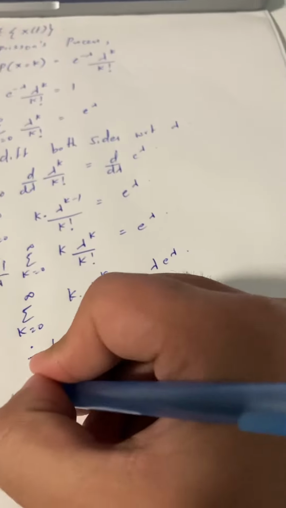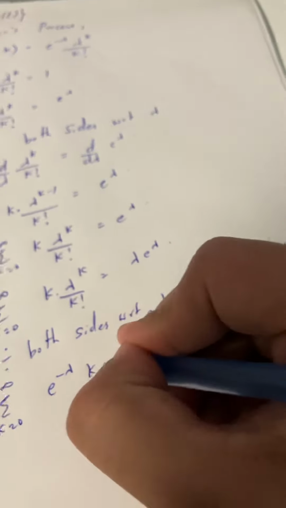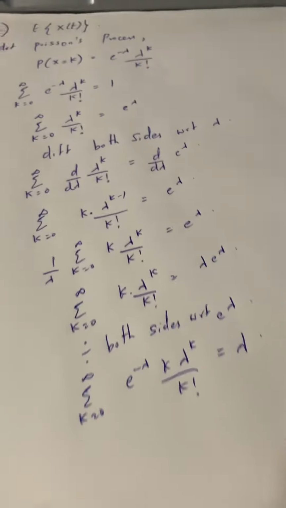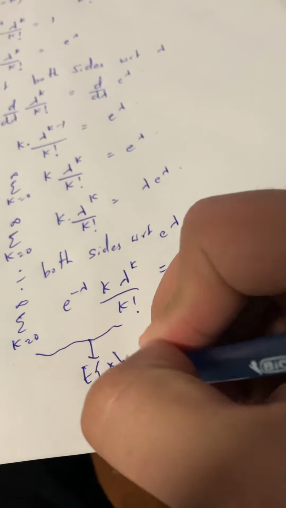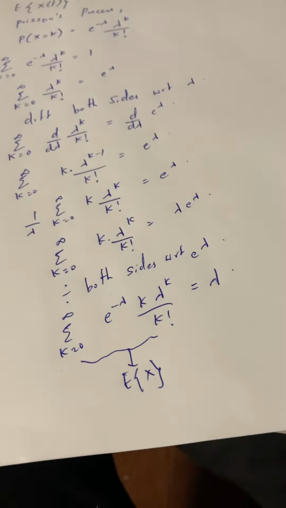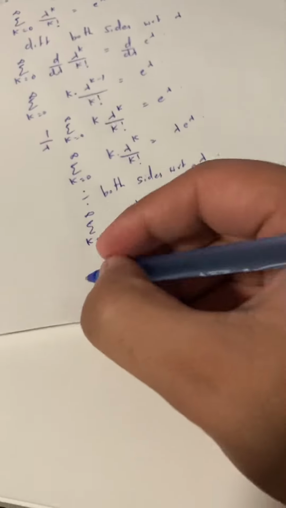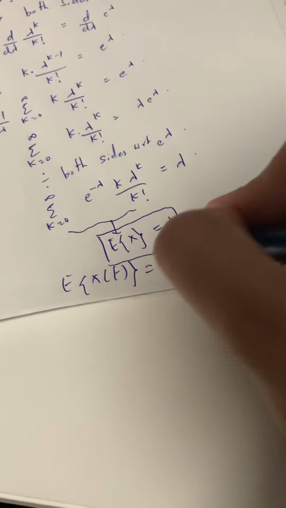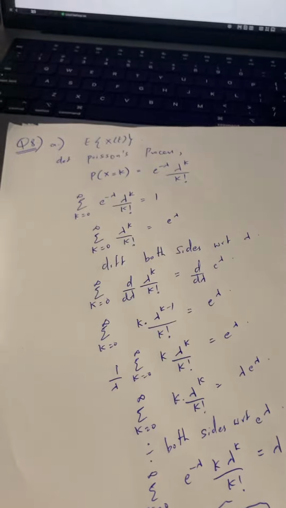This becomes the sum over k from 0 to infinity of e power minus lambda, k lambda power k by k factorial, equal to lambda. So we can clearly see that this is the E of x when discrete values are taken, equal to lambda. Similarly, we can write that E of x of t is equal to lambda t. Hence we have calculated part A in this manner.